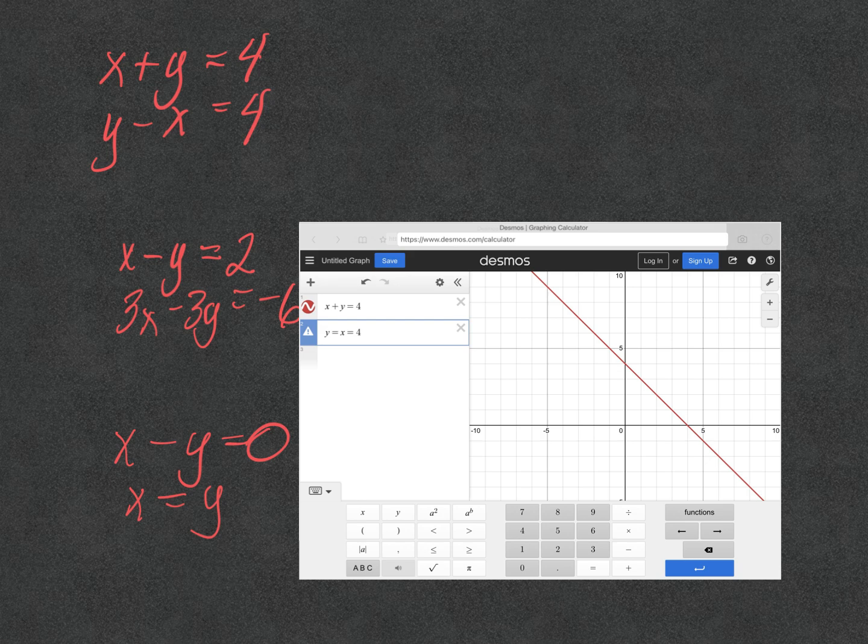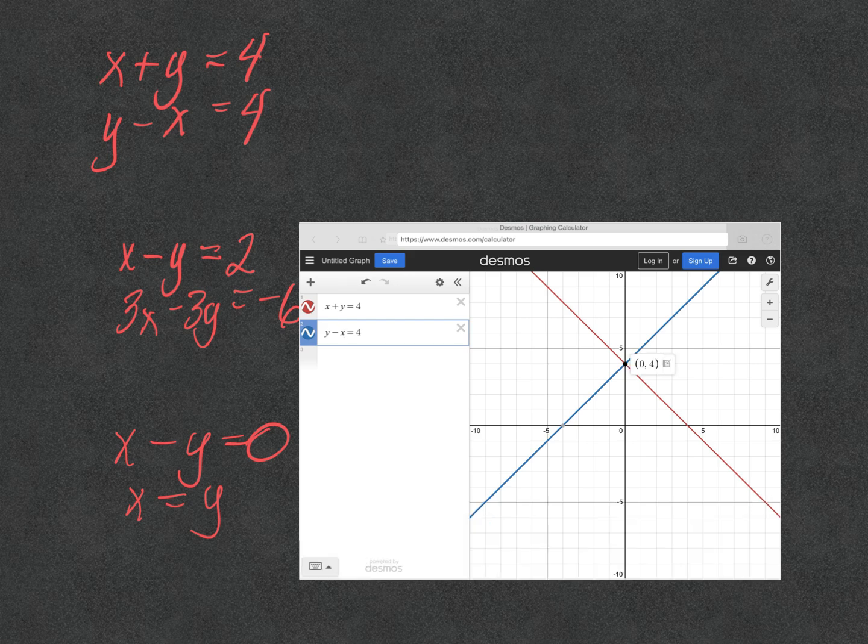Oops, that should be a minus. Here we go. y minus x equals 4. And so we can see that the solution is right there at (0, 4). So this problem has one solution, okay? And it is unique, all right?